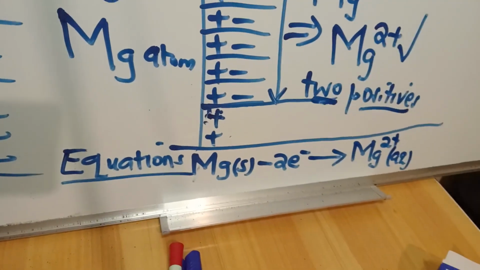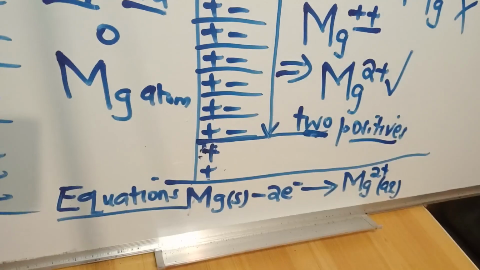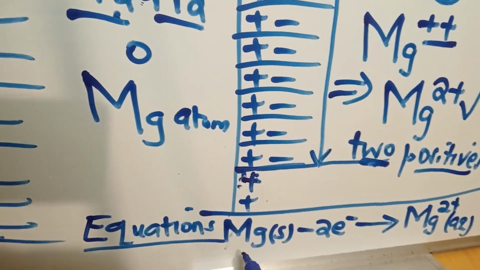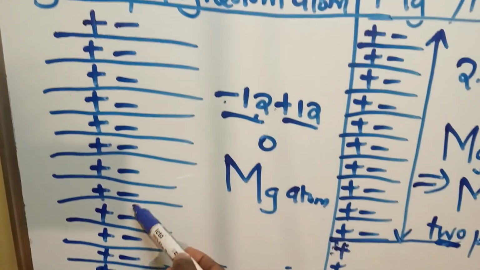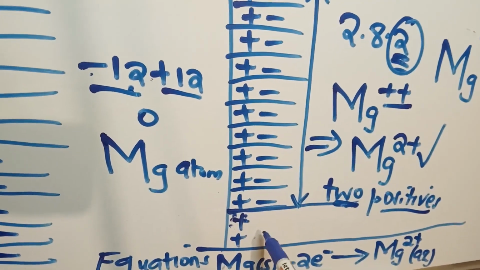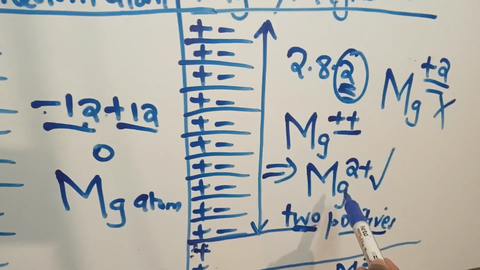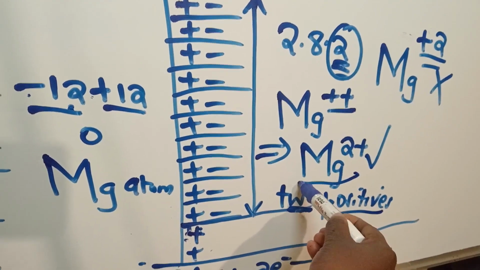So that is one of the equations that you'll be having. And this is actually the interpretation. Here we had the magnesium atom. It is the one that has lost these 2 electrons, so that we can have the magnesium ion.